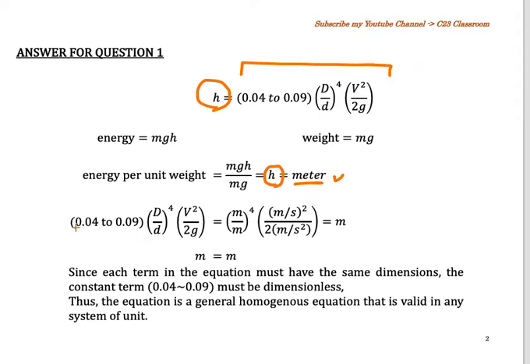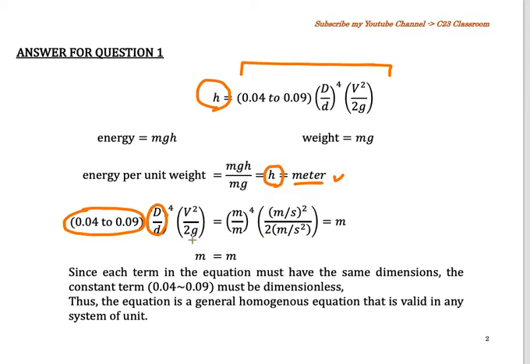So we found that 0.04 to 0.09 is the constant, so it doesn't have any units. d over D is actually the ratio between the two diameters, so it also doesn't have any units. For V squared over 2g, we substitute the unit for velocity, which is meter per second, squared here.